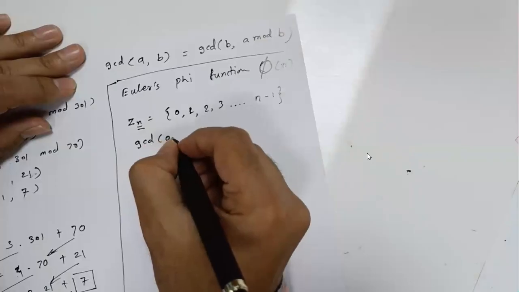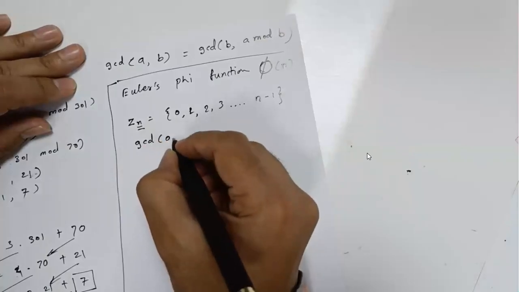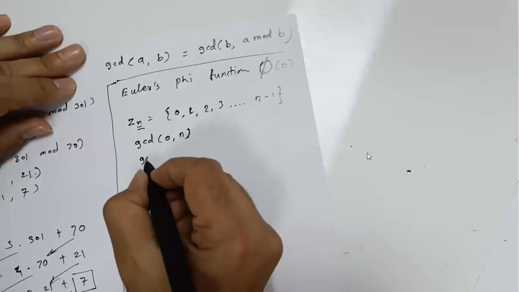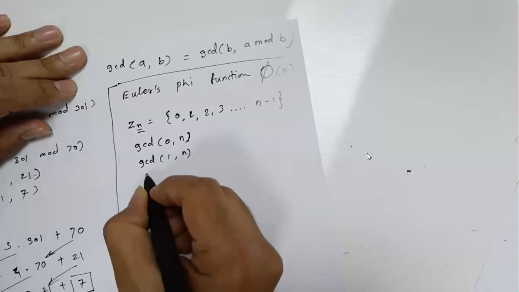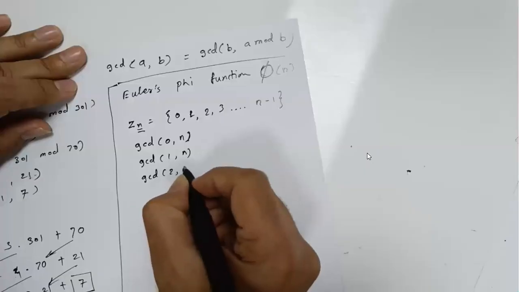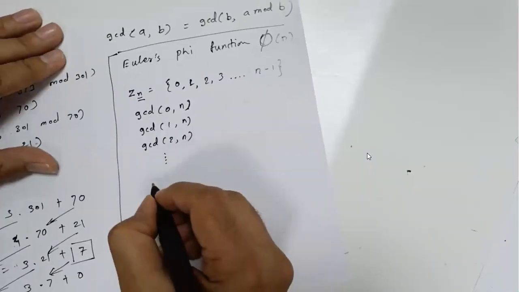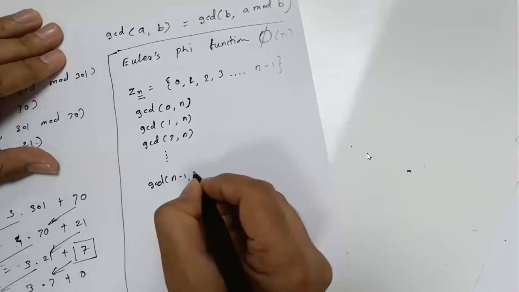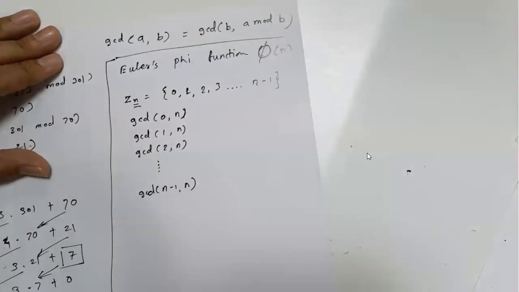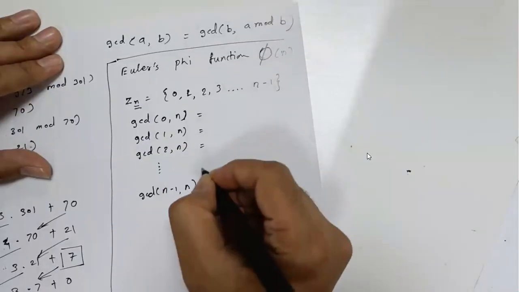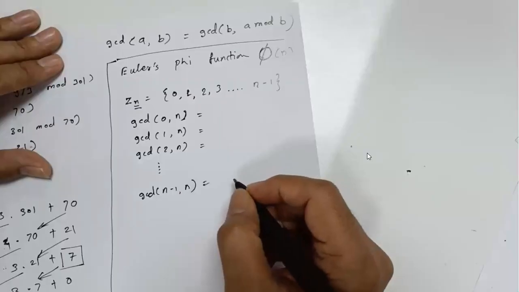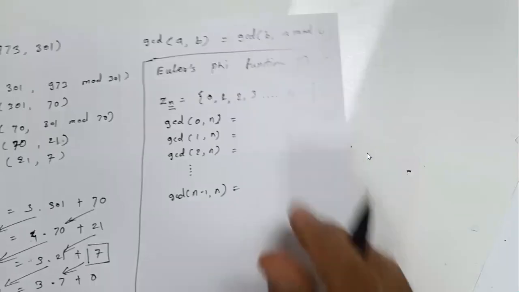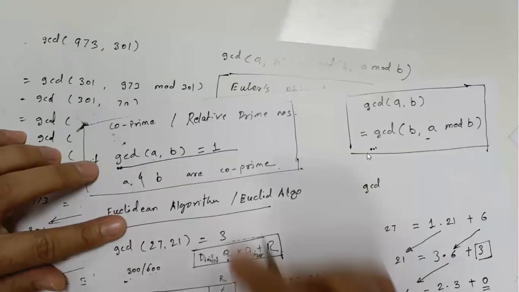Okay, so if you have these numbers, you have to calculate the GCD of 0 with n, then GCD of 1 with n, GCD of 2 with n, and so on, till GCD of n minus 1 with n. You have to keep calculating all the values here, and you have to count those values which are 1.